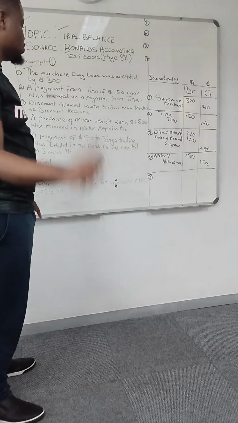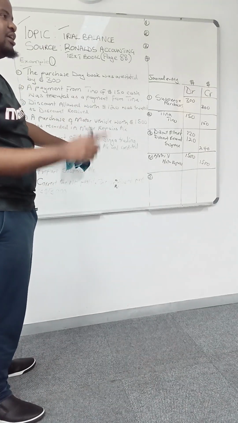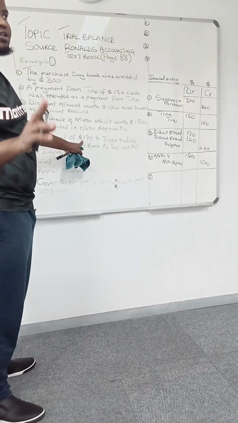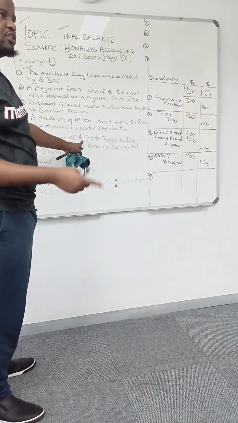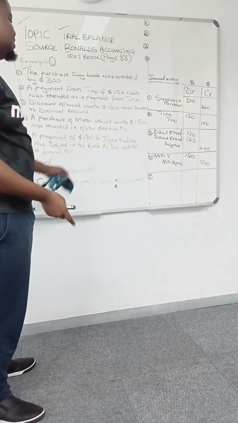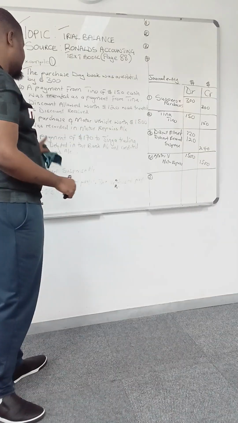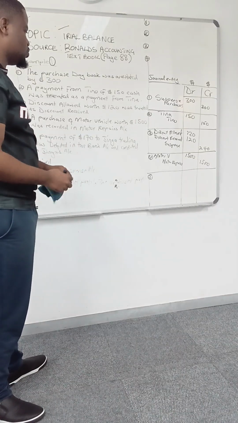The first one is to cancel. The second one is to do the correct thing. But for now, just know that. So this is error of complete reversal of entry.